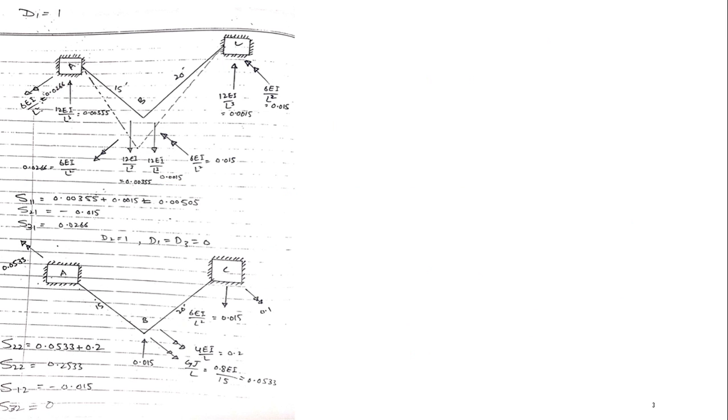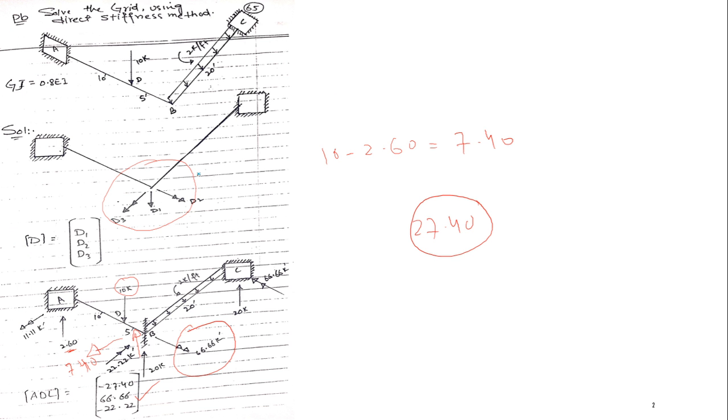Look for the directions of D1, D2, and D3. This is very important. D1 is this vertical, D2 is in x, and D3 is in z. Because this is a 3 cross 3 matrix, S would be 3 cross 3, so I will have S11, S21, and S31.